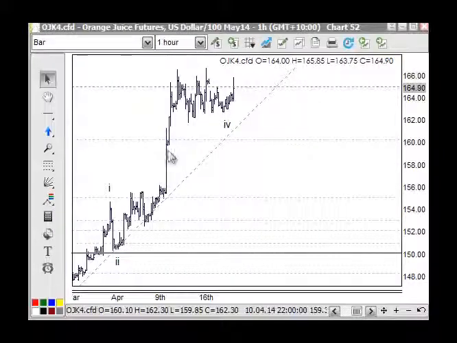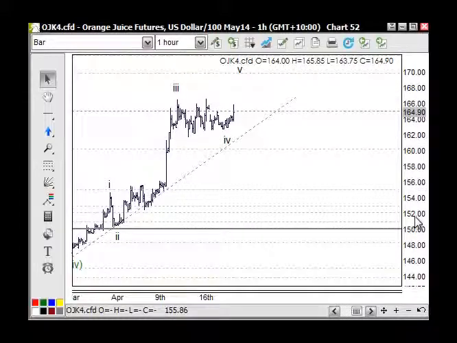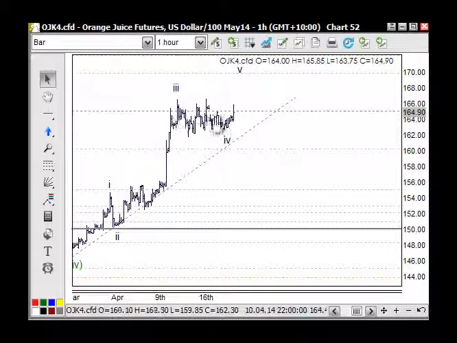The orange juice is on track, still taking its time, but has moved up through the 165 again here. This is definitely corrective across here, so we will see further upside. And the wider the correction, which is the accumulation phase, then the safer, or longer, the next trend.